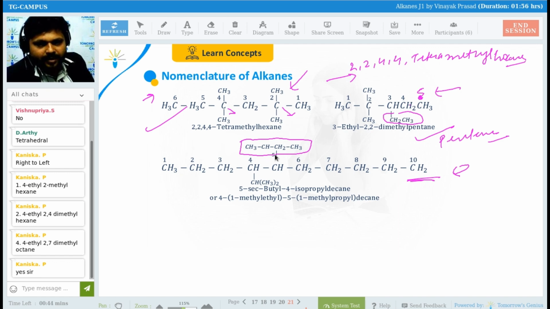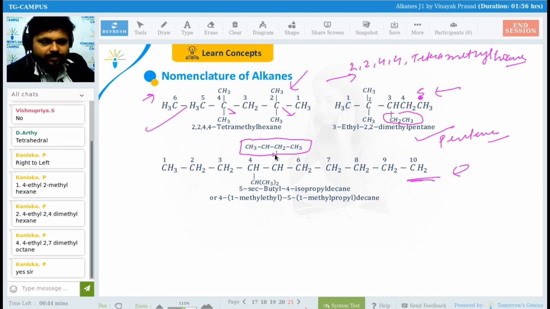So how can we start our counting, and from where should we count? See, at fourth position, a methyl group is attached, and that methyl group is attached with what? That is, you can say, a CH3 group. And 2 CH3 groups are there.